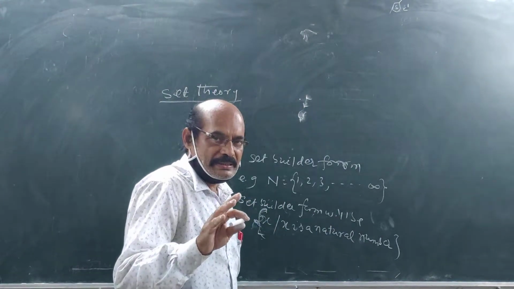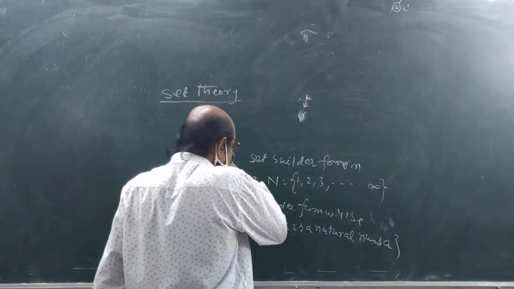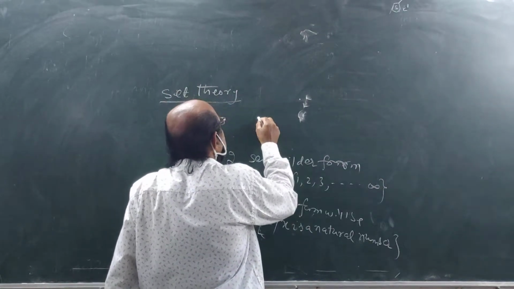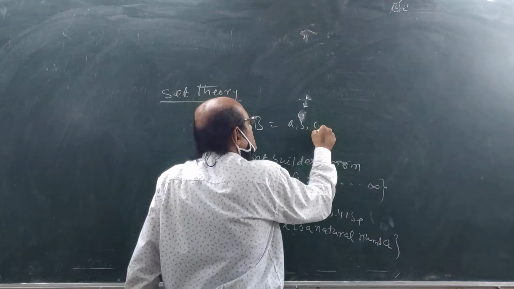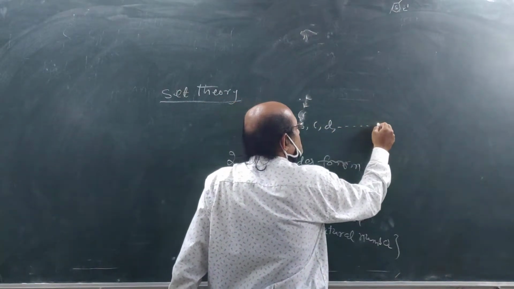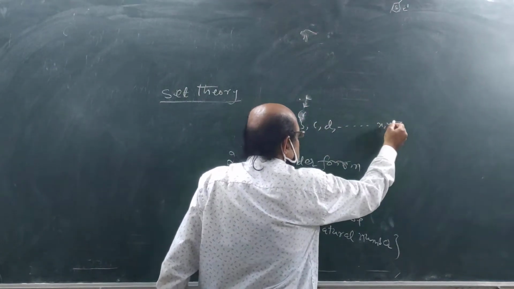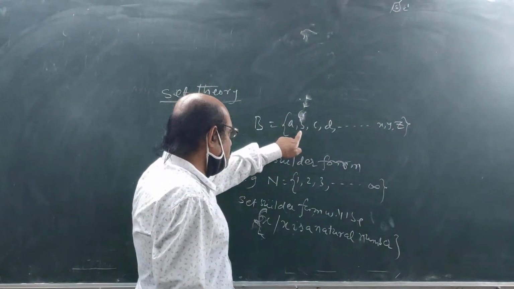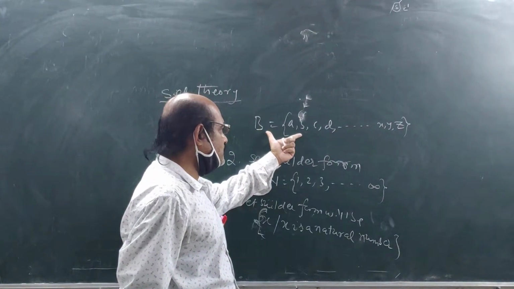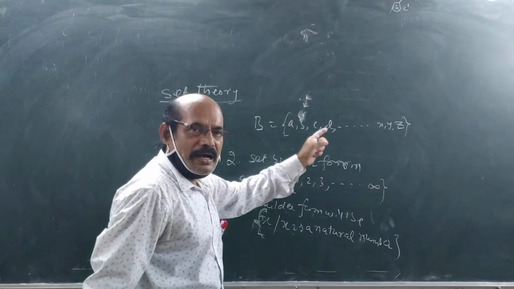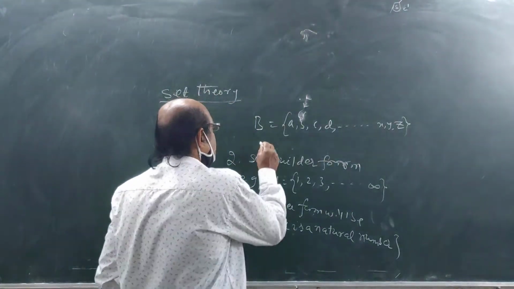Similarly, I will take some other example. Say B is equal to a, b, c, d, and so on up to x, y, z, putting commas. I am writing this in tabular form. Now I will convert this tabular form into set builder form.